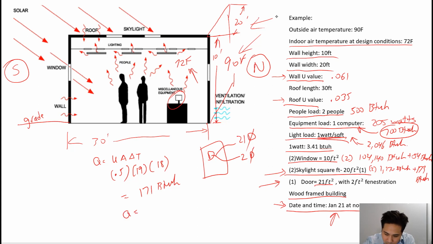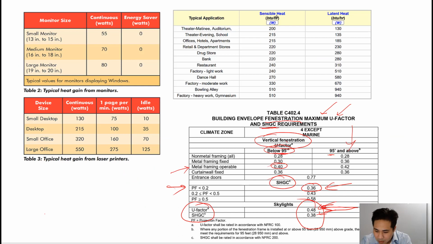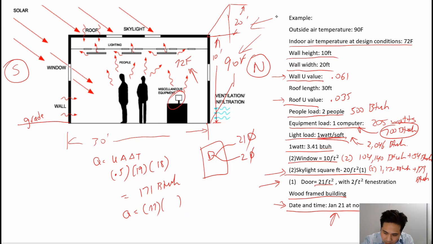So we get Q is equal to U, and the U of the door fenestration, we need to go back to this table to get that value, and it's under here, entrance door, and it is 0.77 for the U factor, and the area is 2, and the delta T is 18, which equals 27.72. I'm going to round that up to 28.